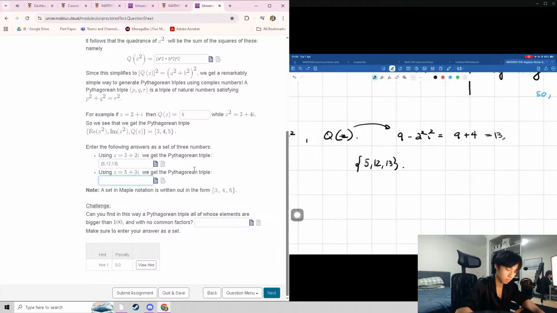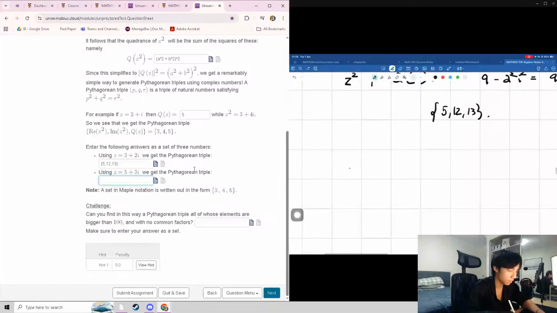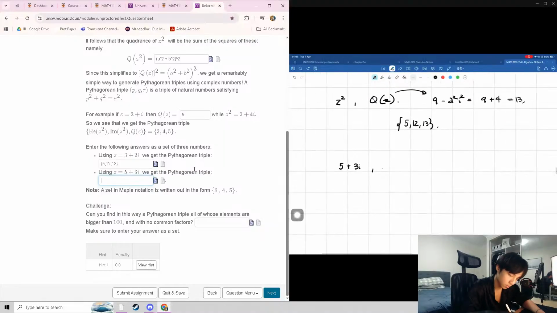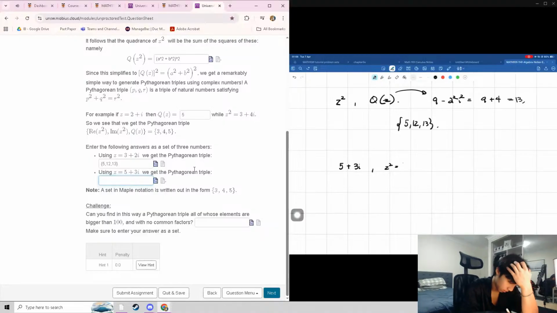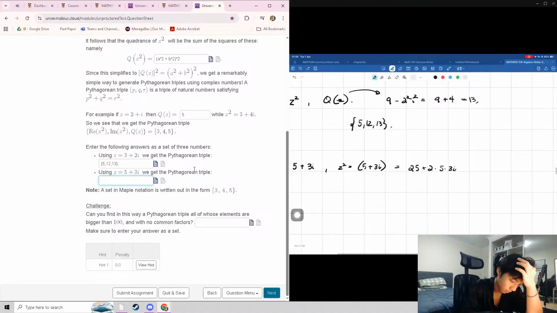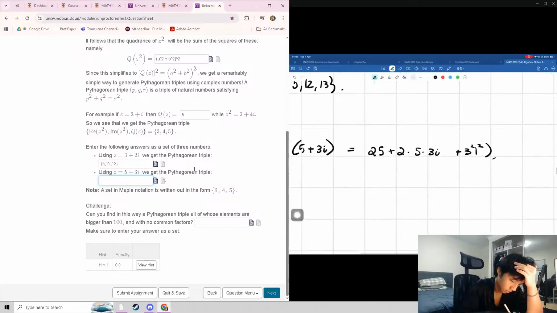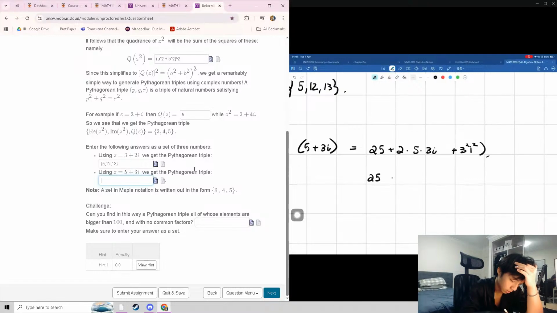And then for 5 plus 3i, we're going to do z squared is equal to 25 plus 2 times 5 times 3i plus 3 squared i squared. 25 plus 30i minus 9.